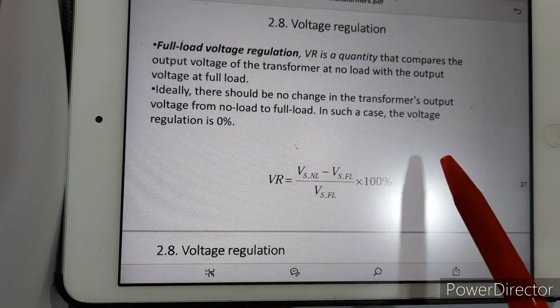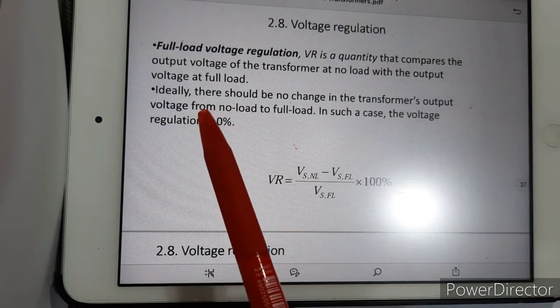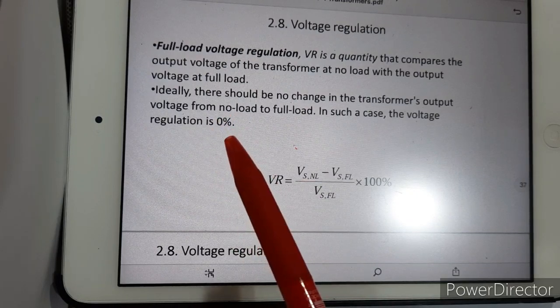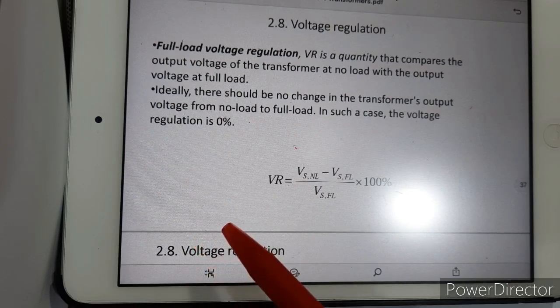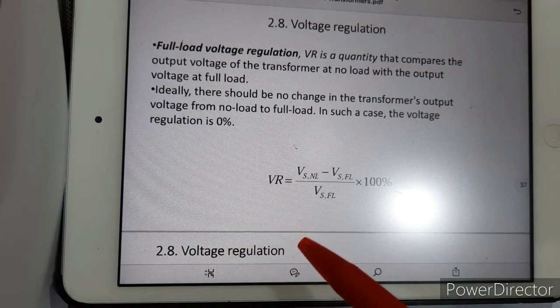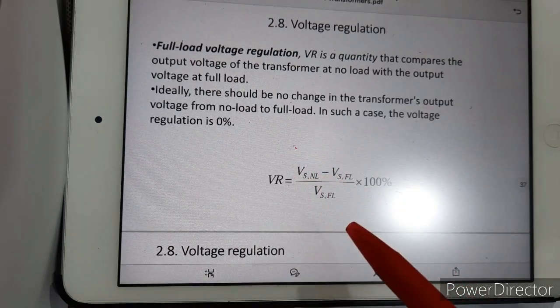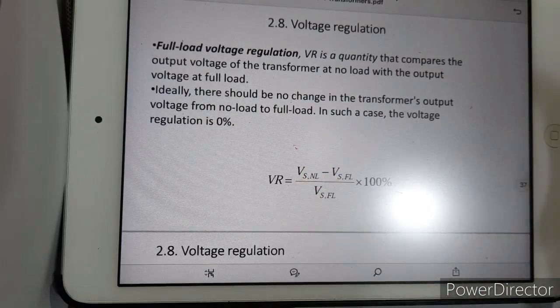That is when the voltage regulation equals 0%. But in reality, that will not happen, because when we connect the load to the source, the voltage must drop.